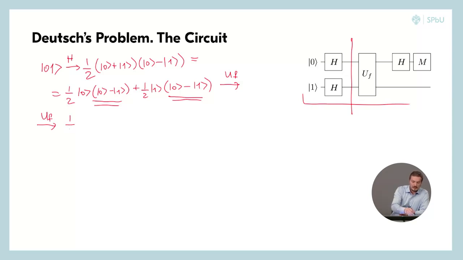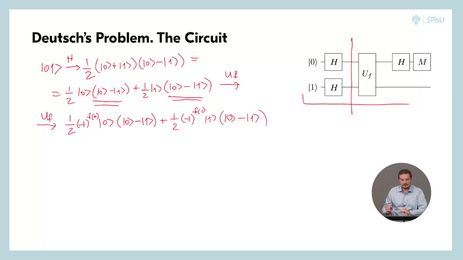So it's 1/2 minus 1 in power f of 0, 0, plus 1/2 minus 1 to the f of 1, 1, and minus again. Well, now we are here. Let's combine these values in the scope.